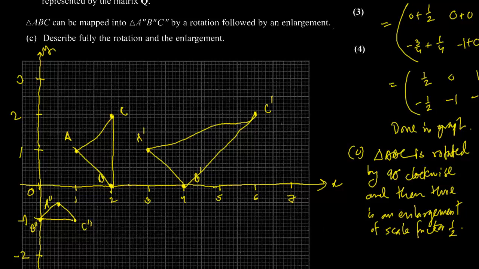It's a good idea to mention the center of enlargement if you're able to, but if you're unable to, mention the origin as the center, because that's the standard. So you can write with center 0 0 to give the image triangle A double prime B double prime C double prime.